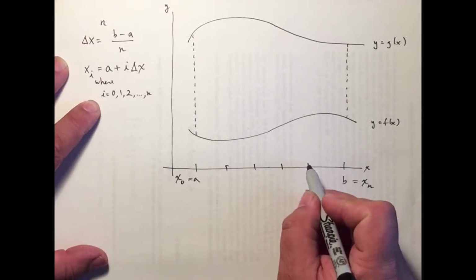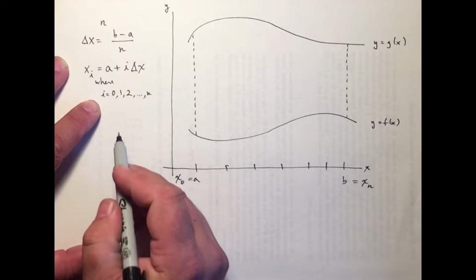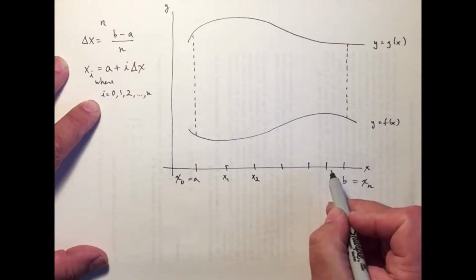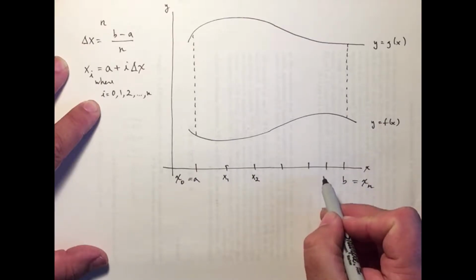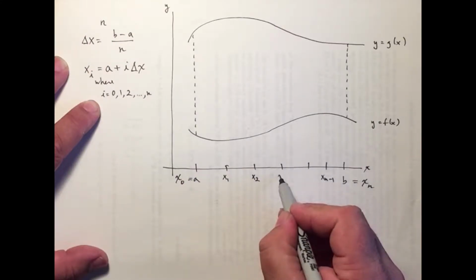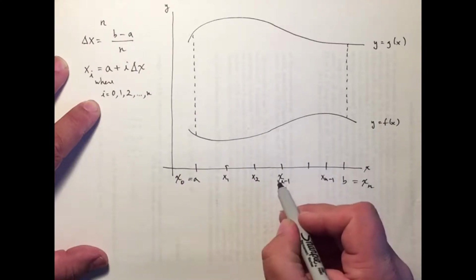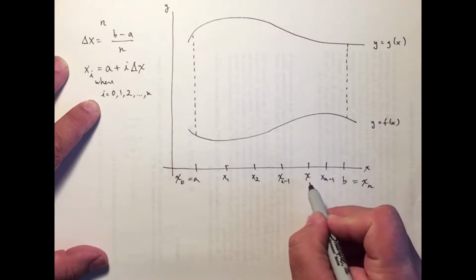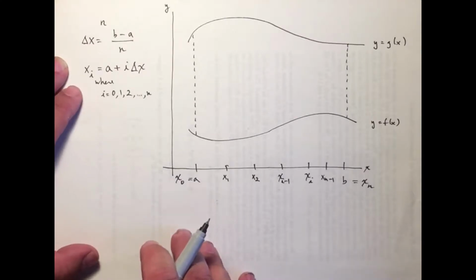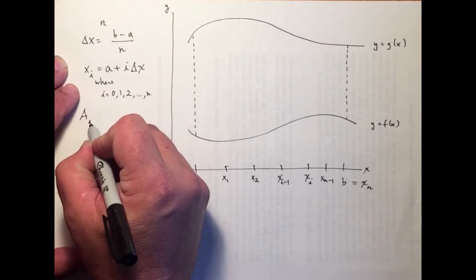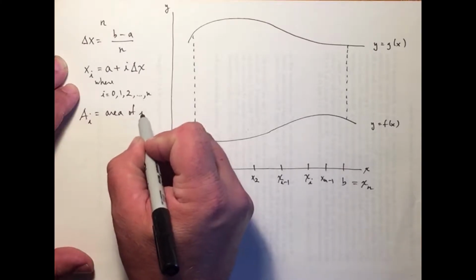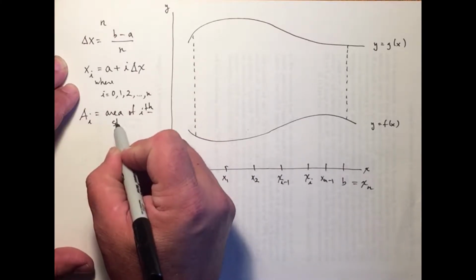Let's put in the partition points, the x_i, so this would be x_1, this would be x_2. If this is x_n, this one here is x_(n-1). And let's just label these generic points, x_(i-1) and x_i. All right, so I'm going to let A_i be the area of the ith strip.